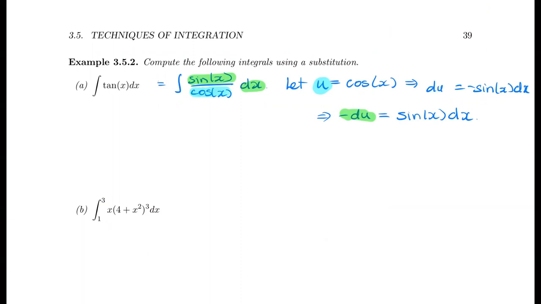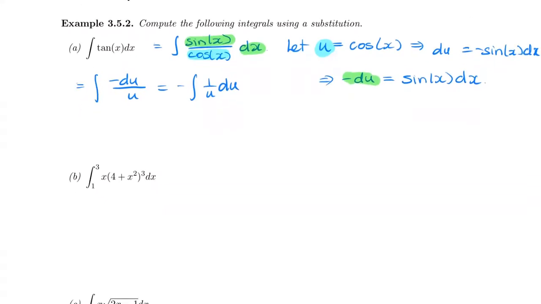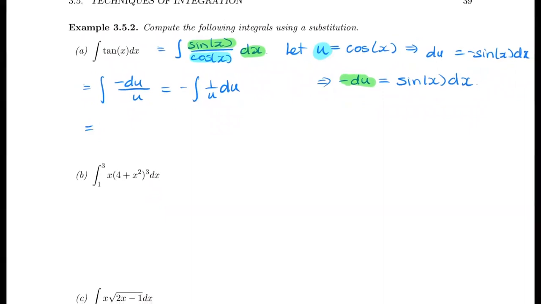Putting everything together, we would just get the integral of negative du divided by u. Or if you want to write this a bit easier, negative 1 divided by u du, which looks like an integral that we could easily integrate. That would just be equal to negative ln of u, and then plus c.